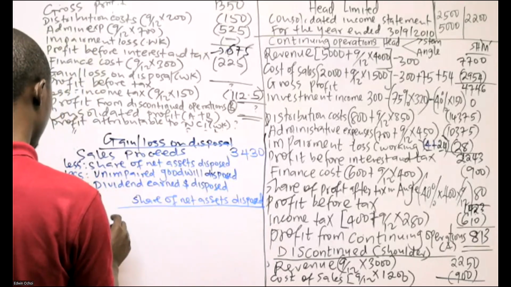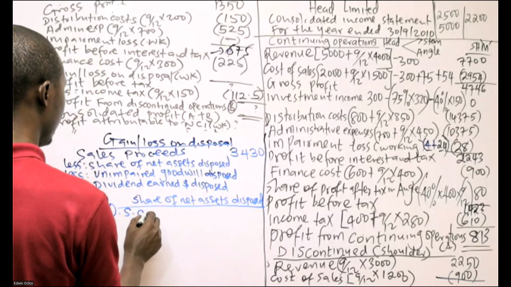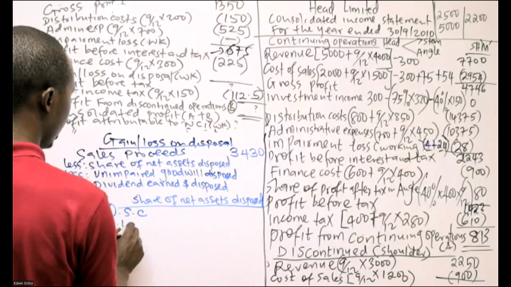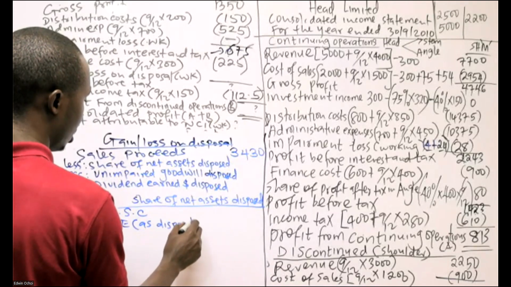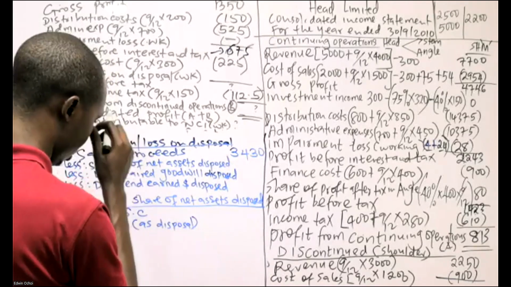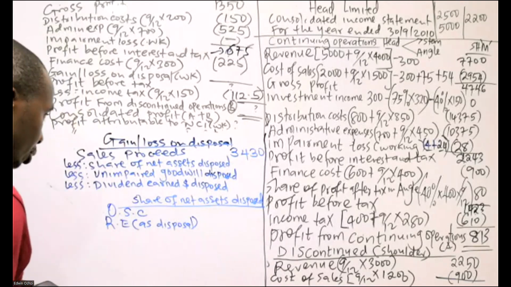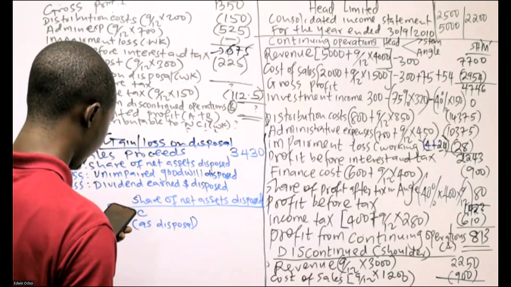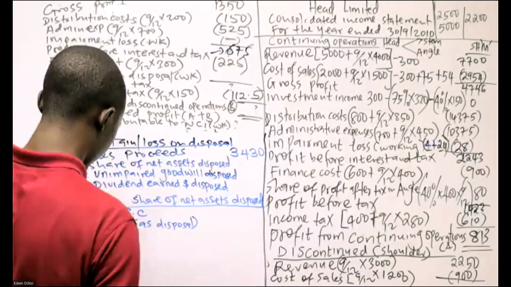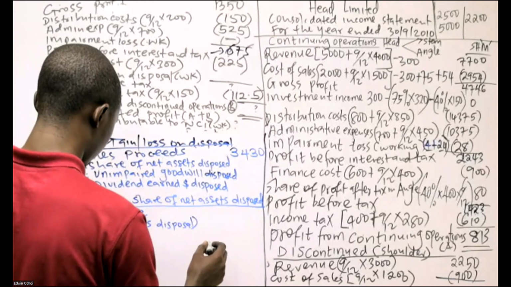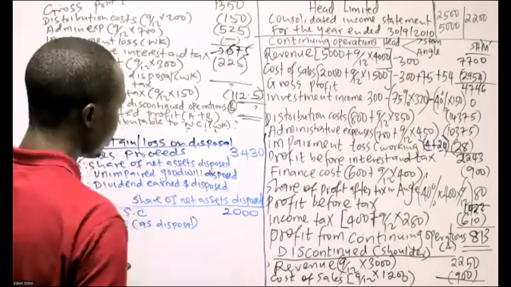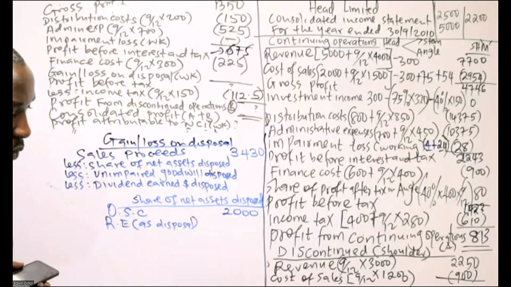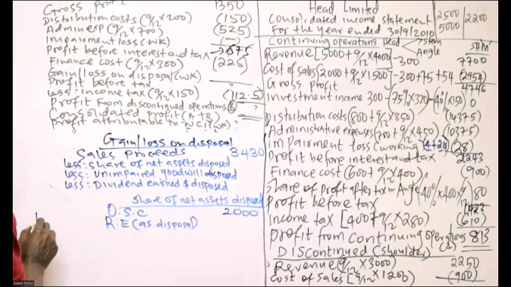So the share of net assets disposed, remember that we talk about ordinary share capital and retained earnings, we use the one as disposal date. So ordinary share capital of Shoulder, note 1, was 2,000. Retained earnings as disposal date: when was it disposed?